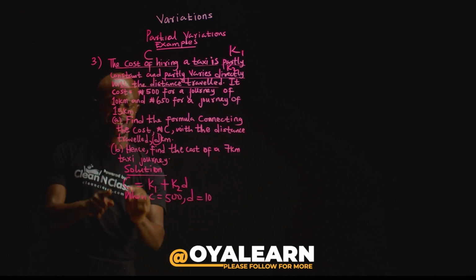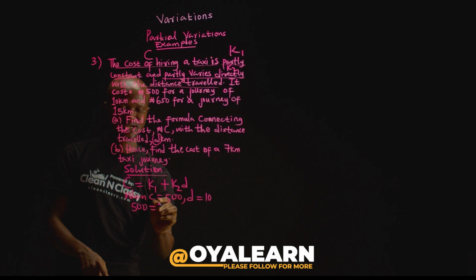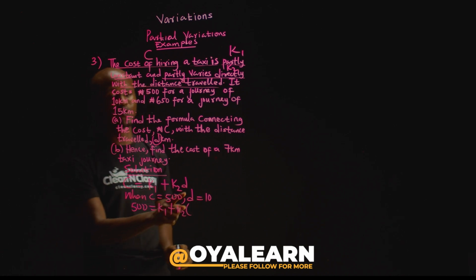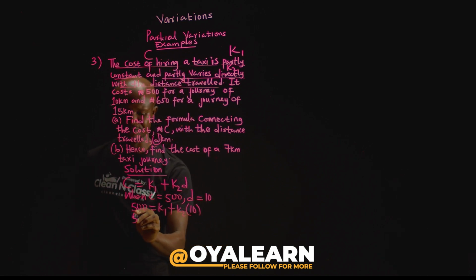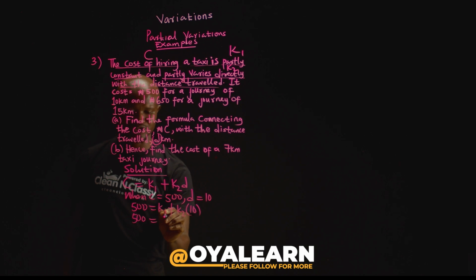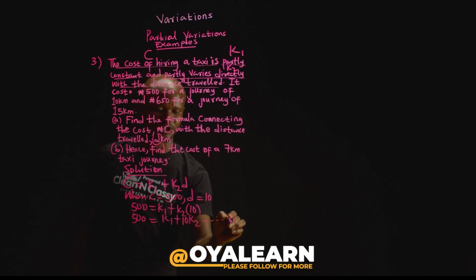So now, let's substitute the value. 500 is equal to K1 plus K2D. What is D? 10. So we have 500 naira equals K1 plus 10K2. This is equation 1.